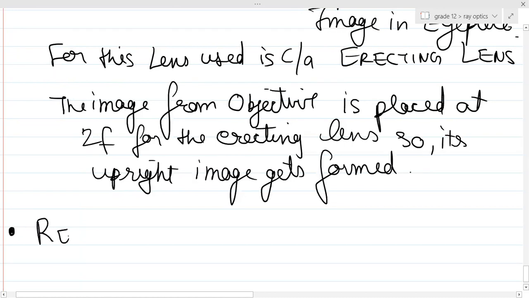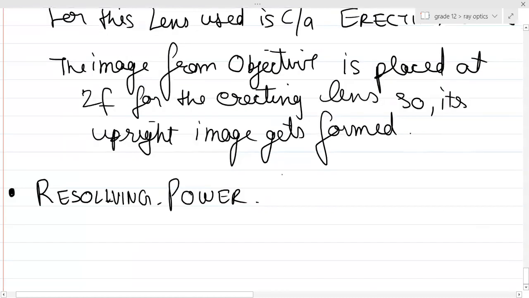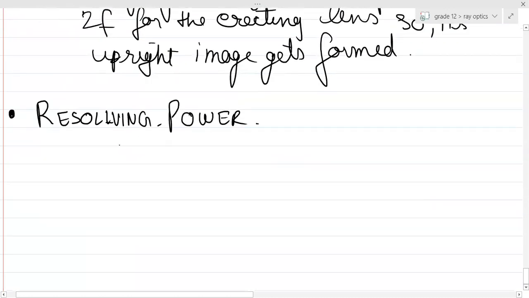Now the last thing. There is one formula given in your school notebooks: resolving power of a telescope or a microscope, whatever it is. Always remember, the resolving power of a telescope or a microscope is basically 1.22 times d by f, something like that is written.